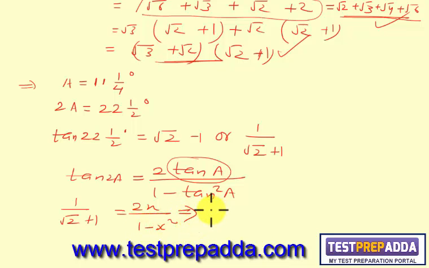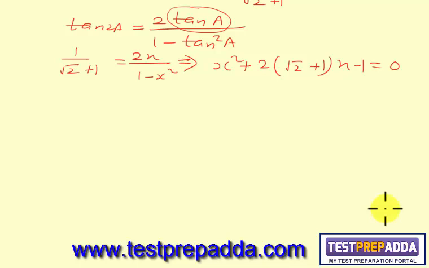And if you check, you get a quadratic equation here: x square plus 2 into root 2 plus 1 into x minus 1 is equal to 0.